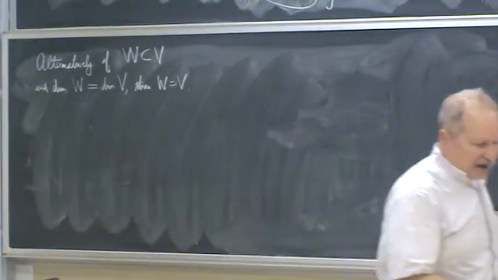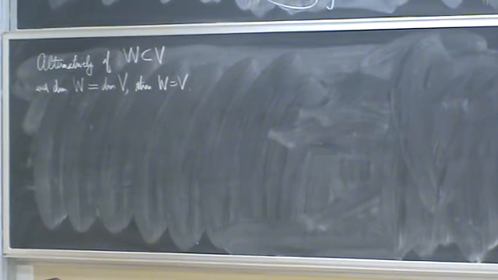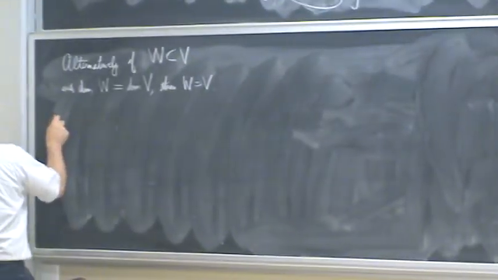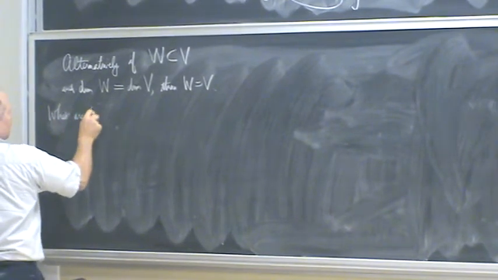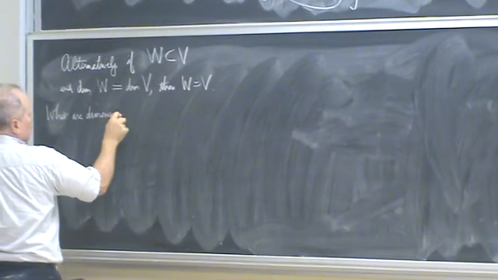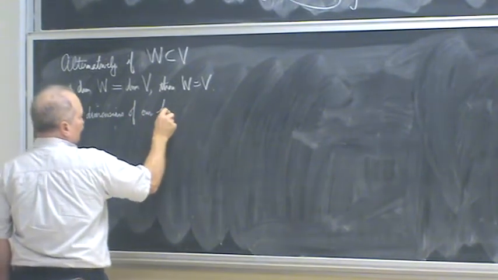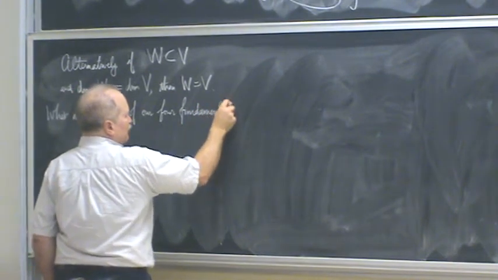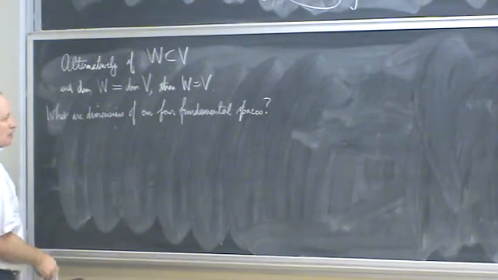So let's now go back to our discussion of dimensions for a minute. We stated this all the other day, but we now write it down. What are the dimensions of our subspaces? Number of vectors in the bases.